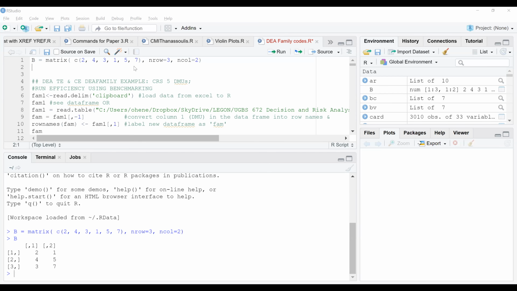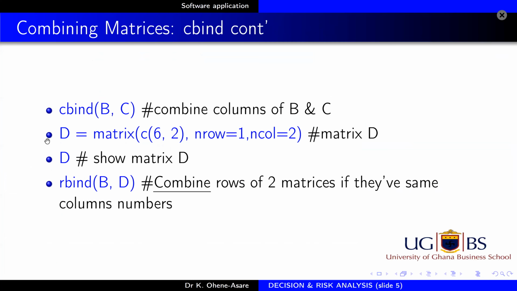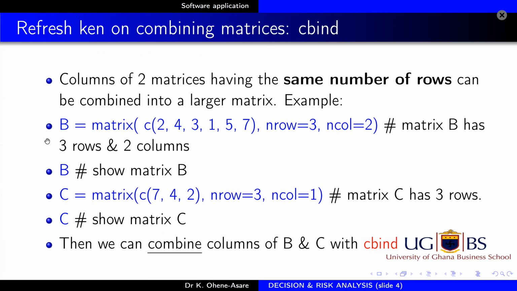Go to your second command. Okay, when you check your second command, let me just go in there to show you. This is the second command, C. So C is also a matrix. How many rows does it have? Yeah. 3 rows and 1 column. 3 rows and then 1 column.